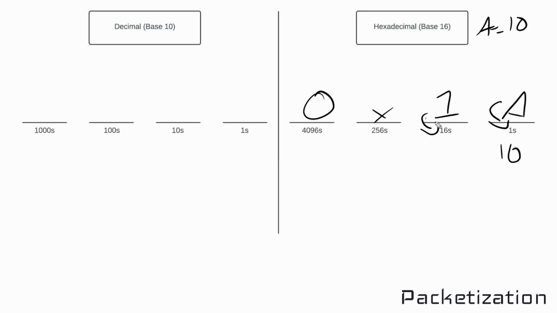Now, if we look at this other number here, 1, this is in the 16s position. So when we multiply this out, this is going to give us a value of 16, which is 1 times 16. If we take those values and we add them up, we get the value of 26. So 26 is the decimal equivalent of the hexadecimal value of 0x1A.